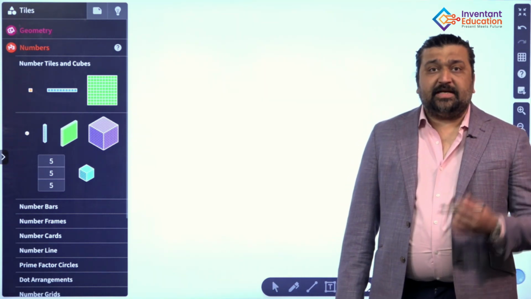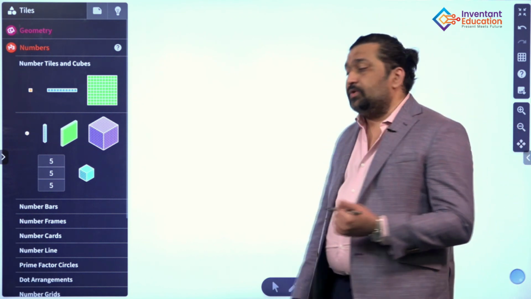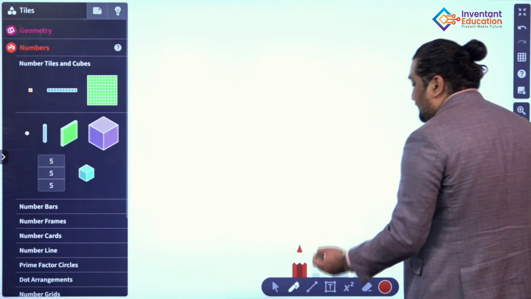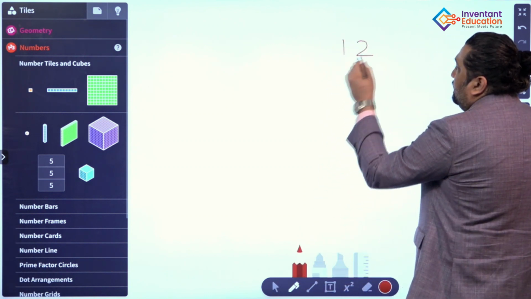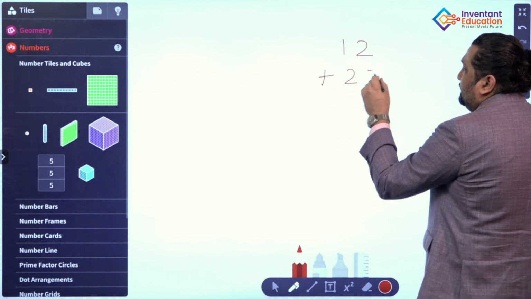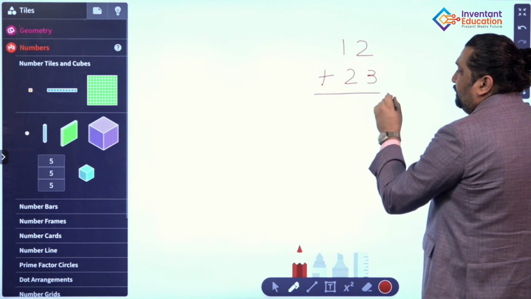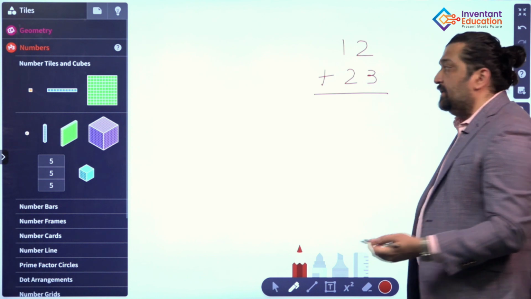Next, we will understand addition of a few numbers with the help of manipulatives. A simple addition like 12 plus 23 can be easily shown with the help of manipulatives.